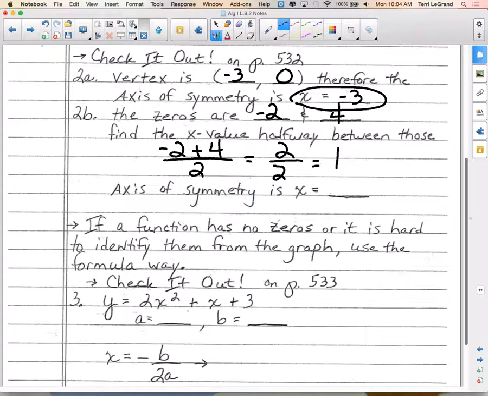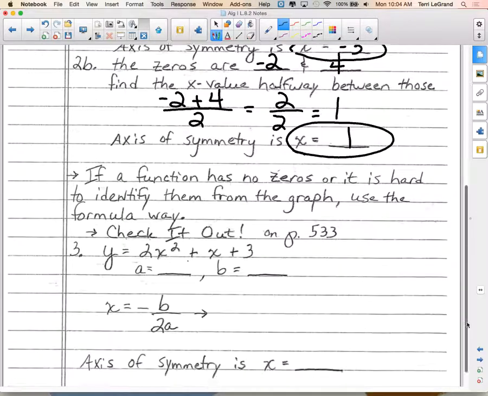So the x value halfway between those zeros is 1. Would you agree, looking at your graph, that if you counted in, you would land on x equals 1? So the axis of symmetry, again written as an equation, is x equals 1. It's a vertical line that would cross through that graph at the ordered pair 1 something, the vertex. We just don't know what that y value is right now.